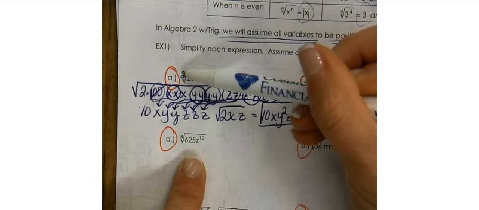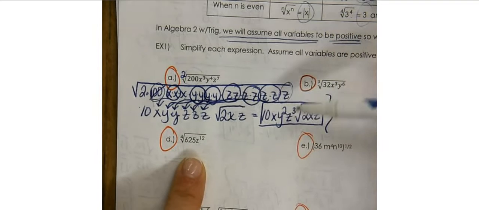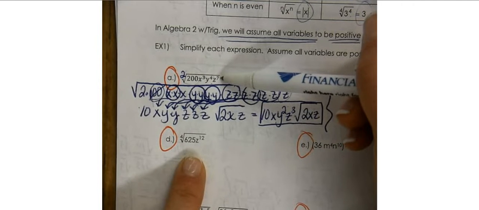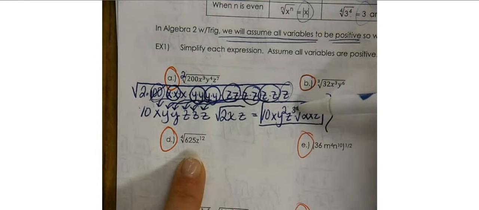Notice that 2 can go into 4 2 whole times, and 2 y's came out of the root with nothing left over. Then 2 can be divided into 7 3 whole times with 1 left over. So we had 3 z's, or z to the 3rd power, come out with 1 z left over. And that is the shortcut.